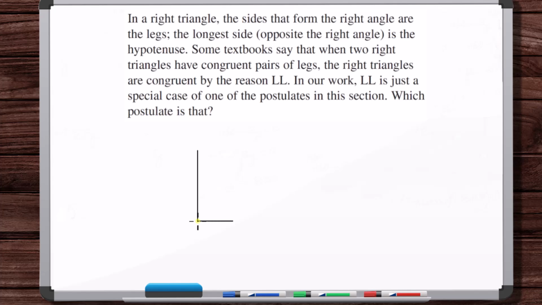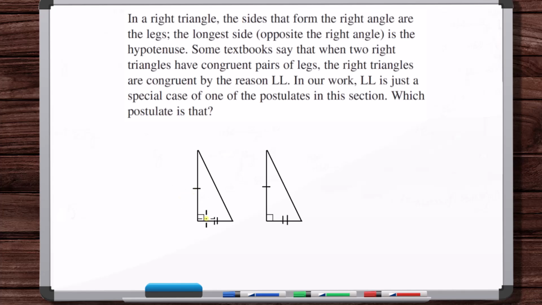Yeah, so we can think about this. What they're saying is if we have two right triangles, and we're wondering if these two are congruent, and we know that two of the legs are congruent. Based on our knowledge from this section, can we say that these two triangles are congruent?